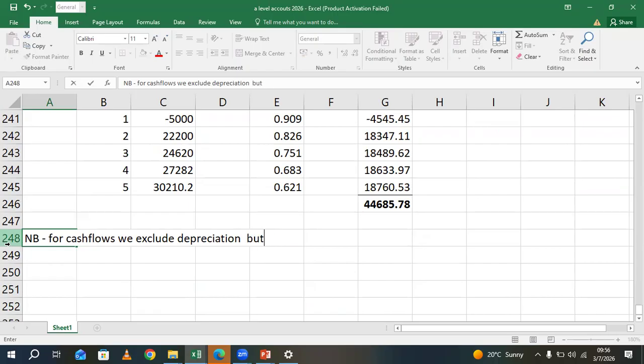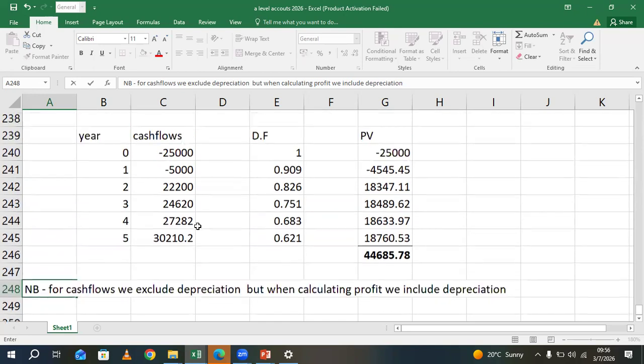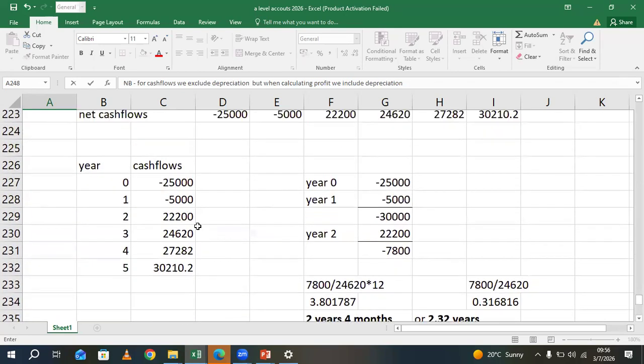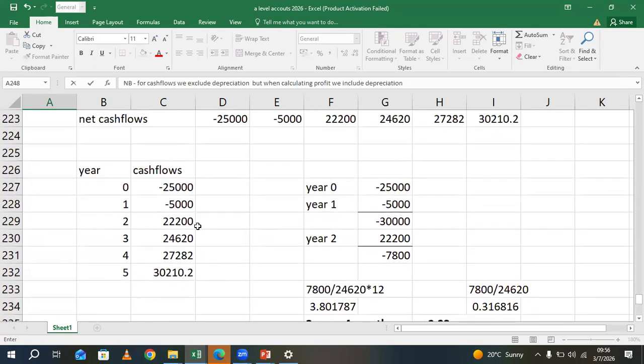But when calculating profit, we include depreciation. So if it's ARR, you need a similar table, but you need profit, not cash flows.